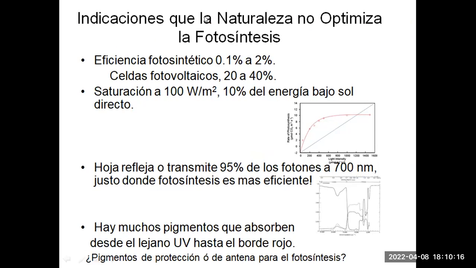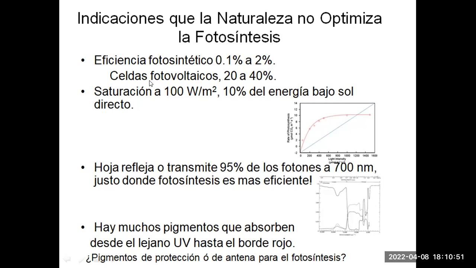So what are some of the indications that nature does not optimize photosynthesis? Well, if you calculate the photosynthetic efficiency of the plants, we find that it ranges from about 0.1% to a maximum of about 2%. That is the free energy that plants have been able to obtain from sunlight, with very low efficiency, maximum 2%.